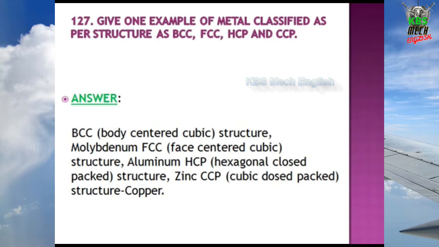BCC for body centered cubic, HCP for hexagonal close packed, and cubic close packed, CCP. Answer. BCC structure: molybdenum. FCC structure: aluminum. HCP structure: zinc. CCP: copper.